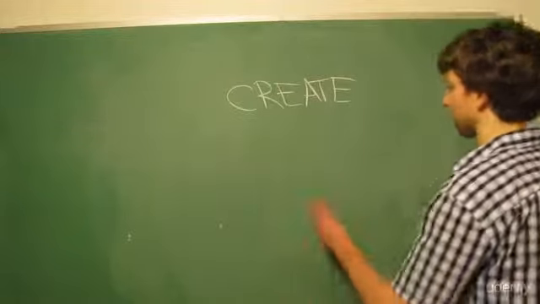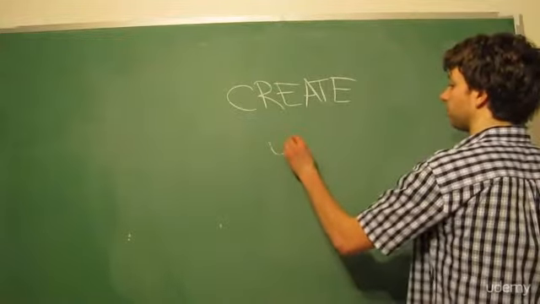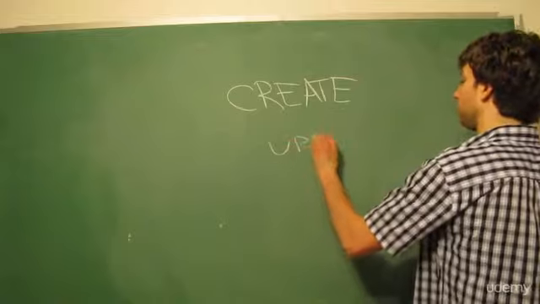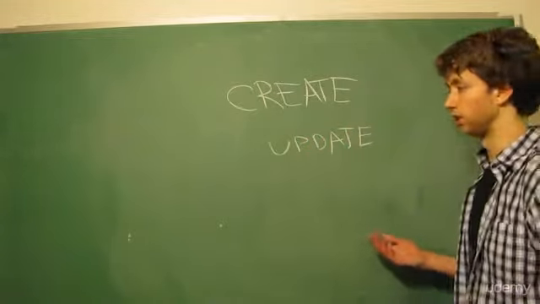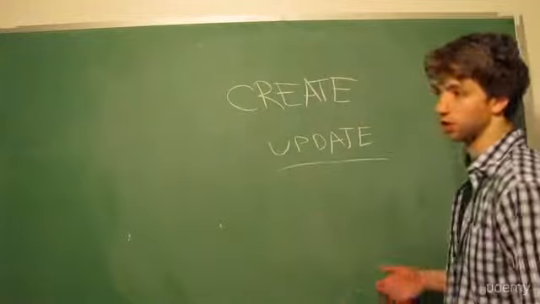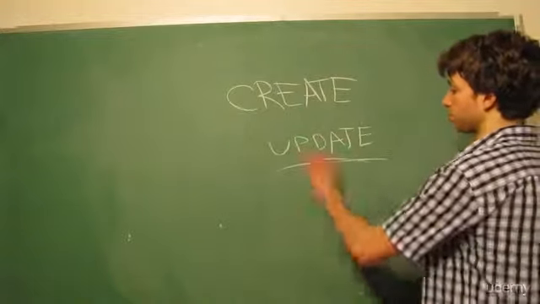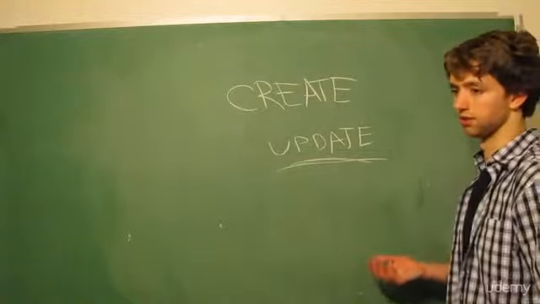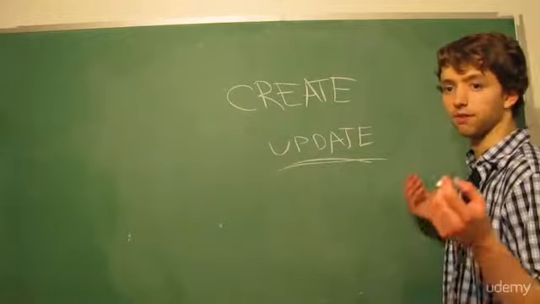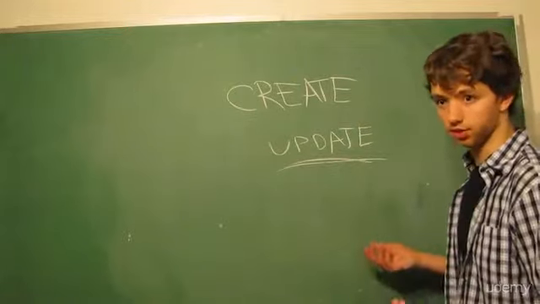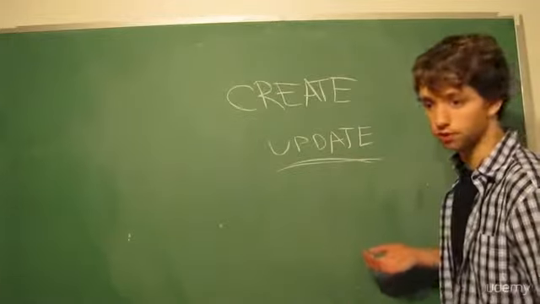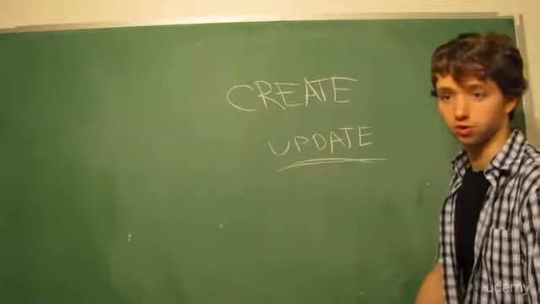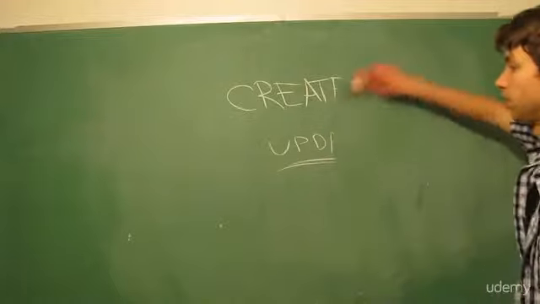A command such as update, if we're updating the actual values within columns, well, this is manipulation language because we're not changing the structure. The column stays the same, just a specific attribute of an entity changes. We're updating Caleb Curry's username to Caleb Curry 123. Well, that's data manipulation language.